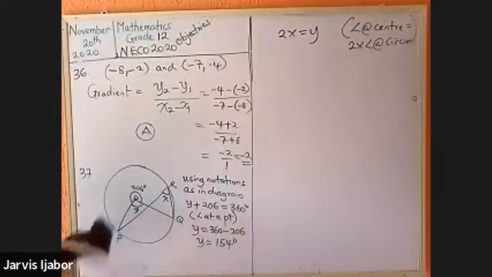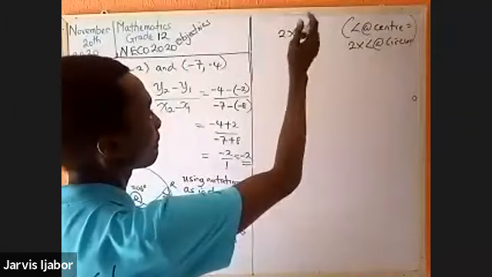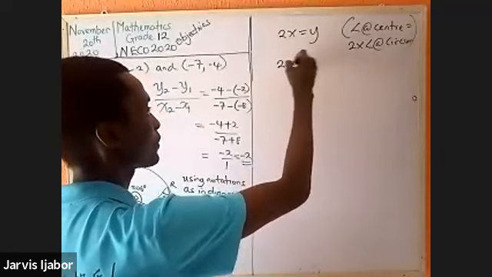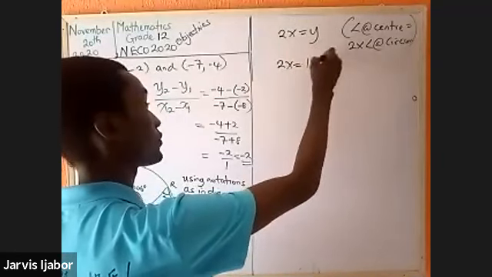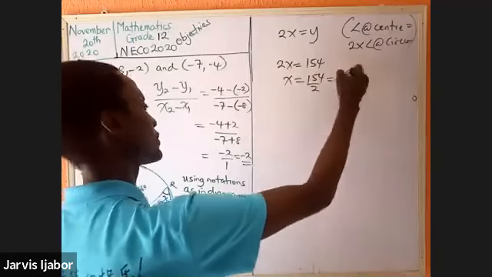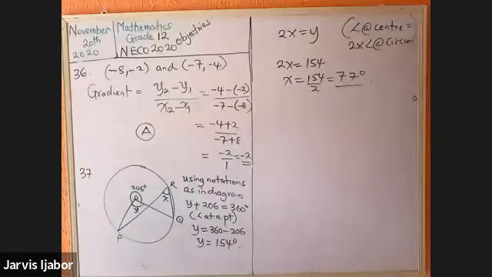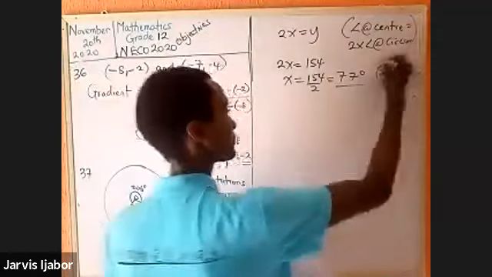The angle at the center is equal to 2 times the angle at the circumference. So with that said, 2x will be equal to 154. X will now be 154 divided by 2, and that will be 77 degrees. So the answer to that question will be 77 degrees, and that is A.